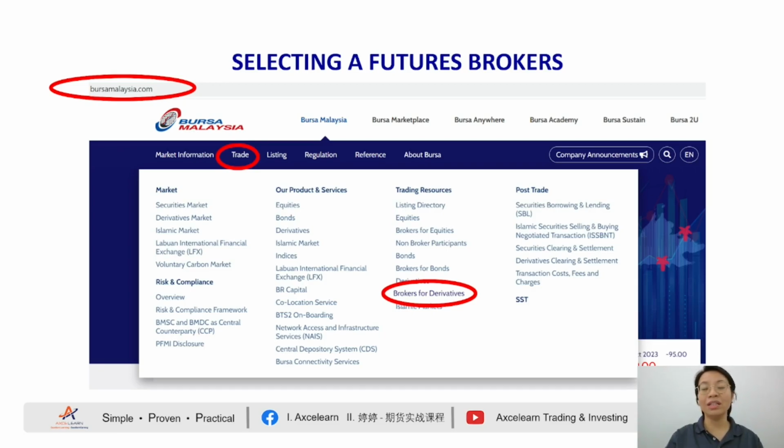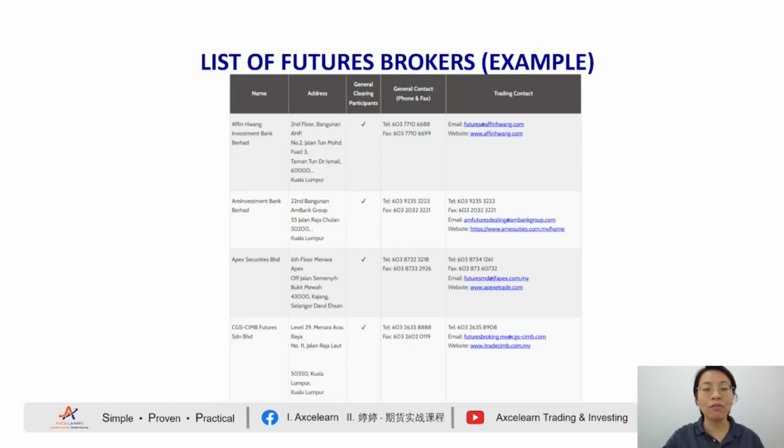Once you click on it, you can see the whole list of futures brokers, or trading participants, in Malaysia, arranged alphabetically. You can see, for example, Affin Hwang Investment Bank, Bharat Investment Bank, Apex Securities, and also CJS CMB Futures.